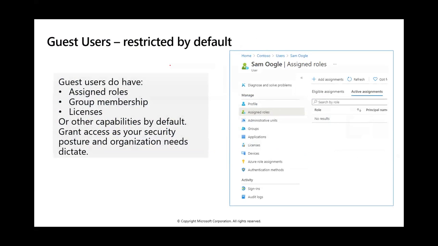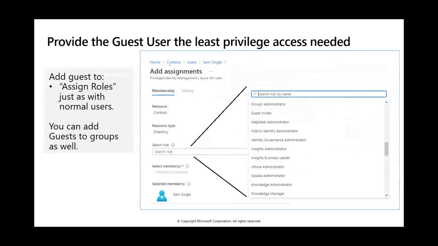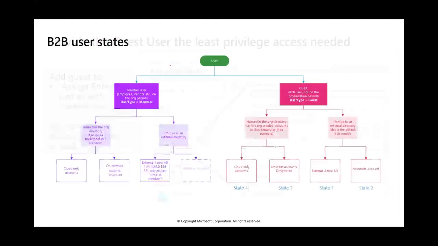We can assign those also to the guest users. About the roles, we said we can define a different role for each user, so we can control the user much better before they start having total access to our organization. And actually, the user states of the B2B connection would look something like that.